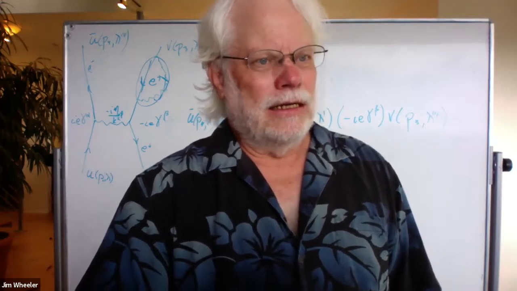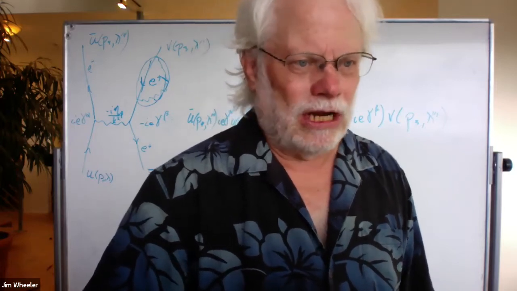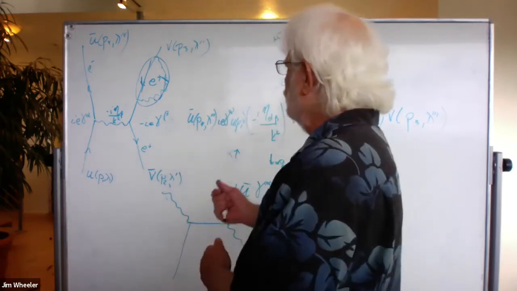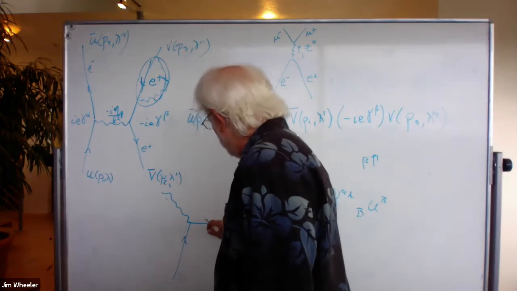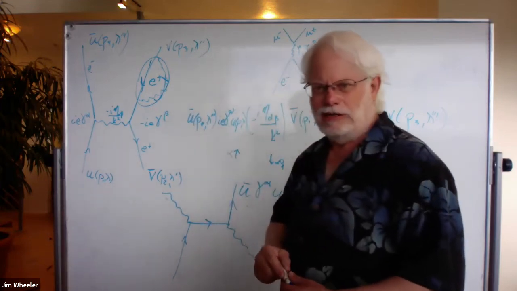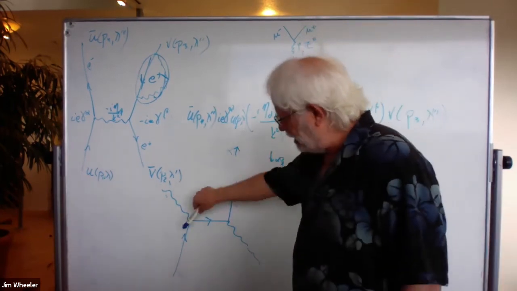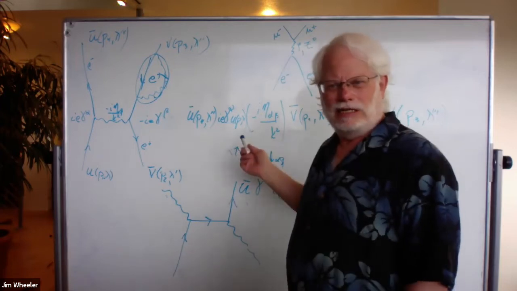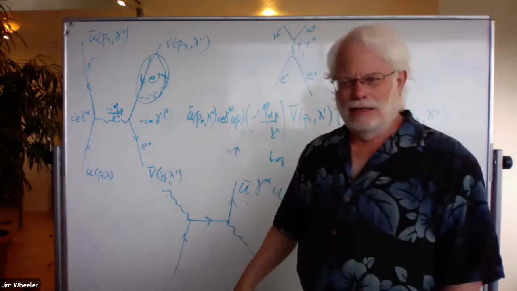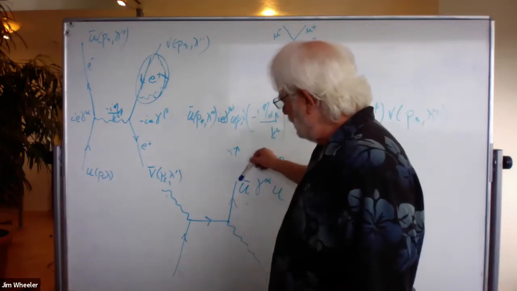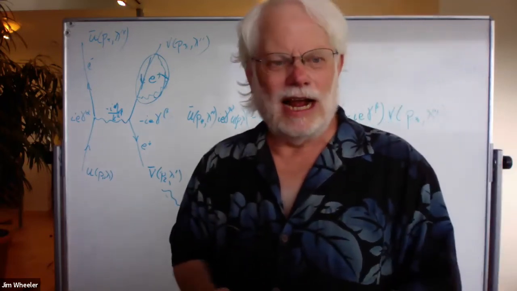Let's see. 6 is okay. Labeling the external lines. It's handy to draw the directions on the fermion lines. The fermion lines are always continuous. You don't have a break in a fermion line, and you can track them against the arrows to write the matrix element. So the positrons go backward. So if you had a positron in and a positron out here, you'd have the arrows going the other direction, and that's another interaction.